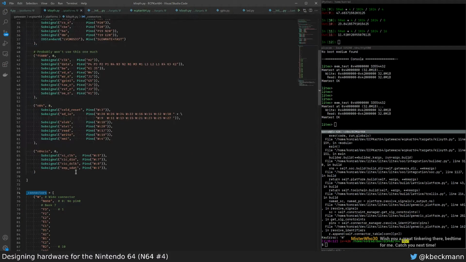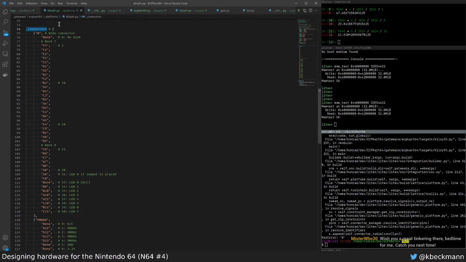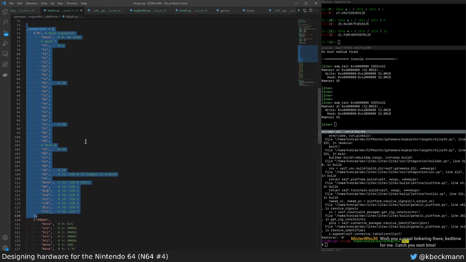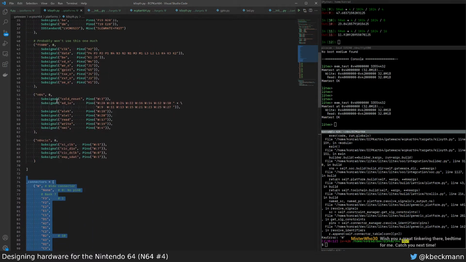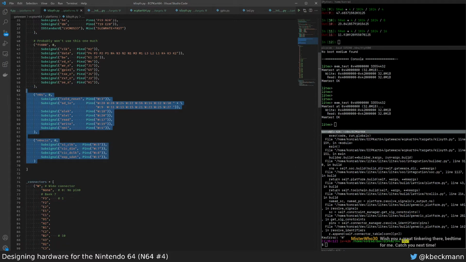What I'm trying to achieve is that I have this huge connector defined here with the pad names. And then here I have the signals with references to that connector, because these numbers make sense to me. That makes my life much, much easier.